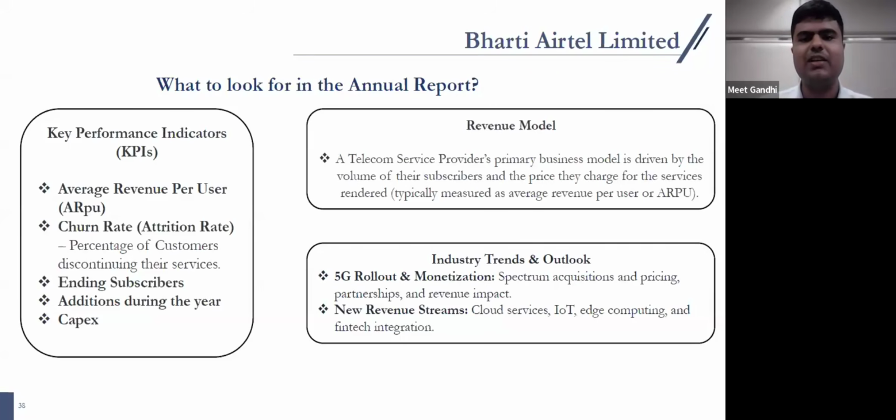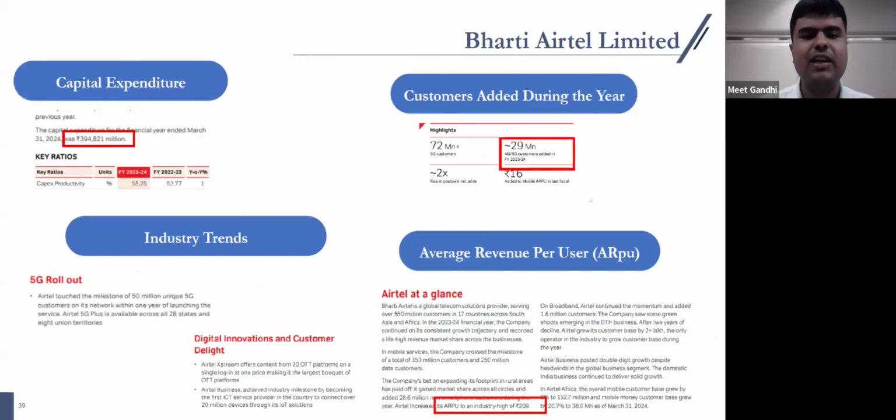So there are many new developing trends and various services we could look at in the telecom industry. When we look at Bharti Airtel Limited's balance sheet, we could see that it has a significant amount of capex, approximately 394,821 million, which again points out that it is a capex driven industry, and this parameter could be used to compare with other telecom companies.